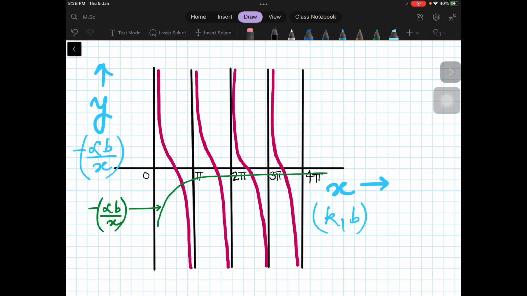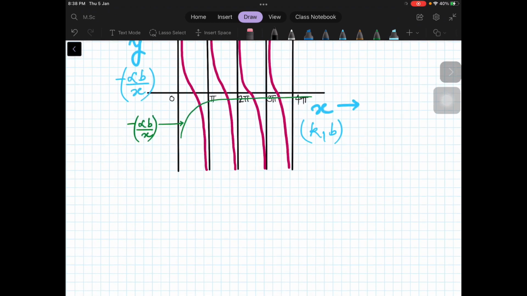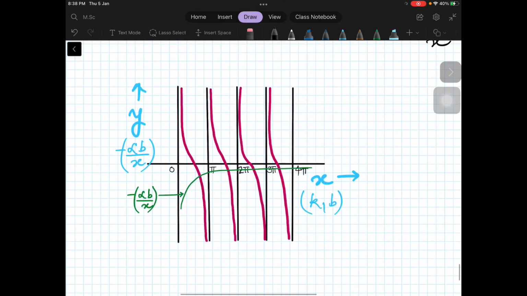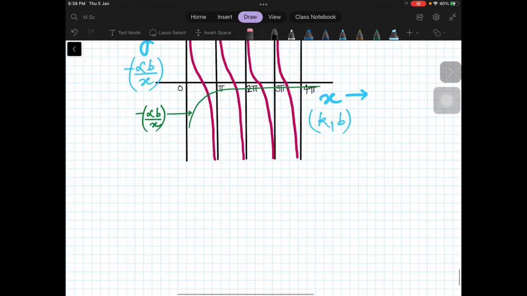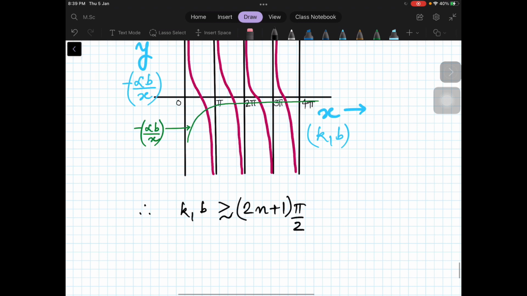So we can write that the value of X, which is K1b, becomes greater than (2n plus 1) pi by 2. As we can see from this diagram, it is clear that the values are slightly greater than pi by 2, 3 pi by 2, and so on.